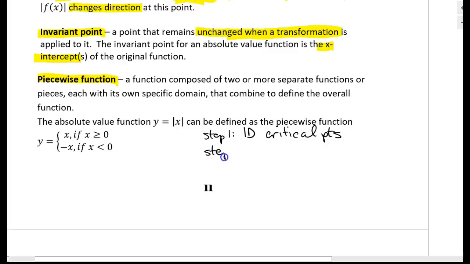Step two, identify where your graph is invariant. Okay, this means that you can keep the original parent function to represent that part.